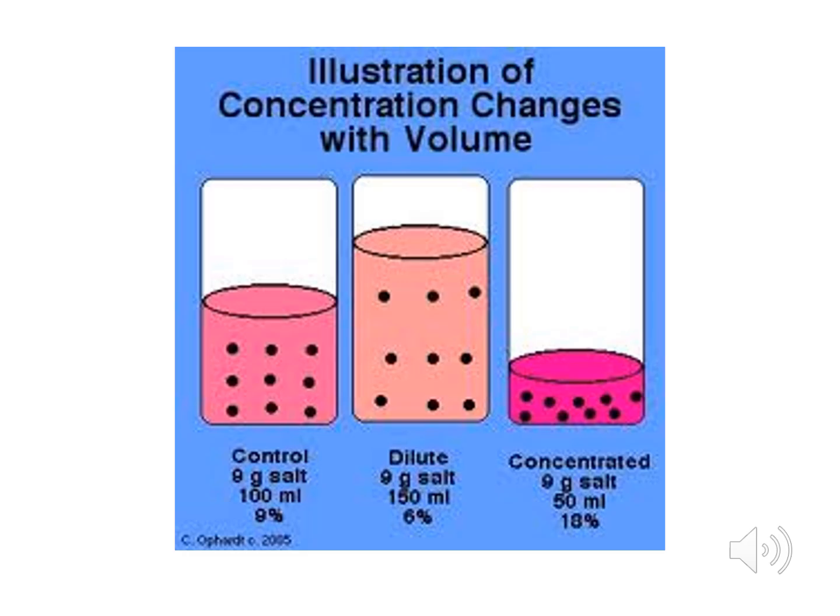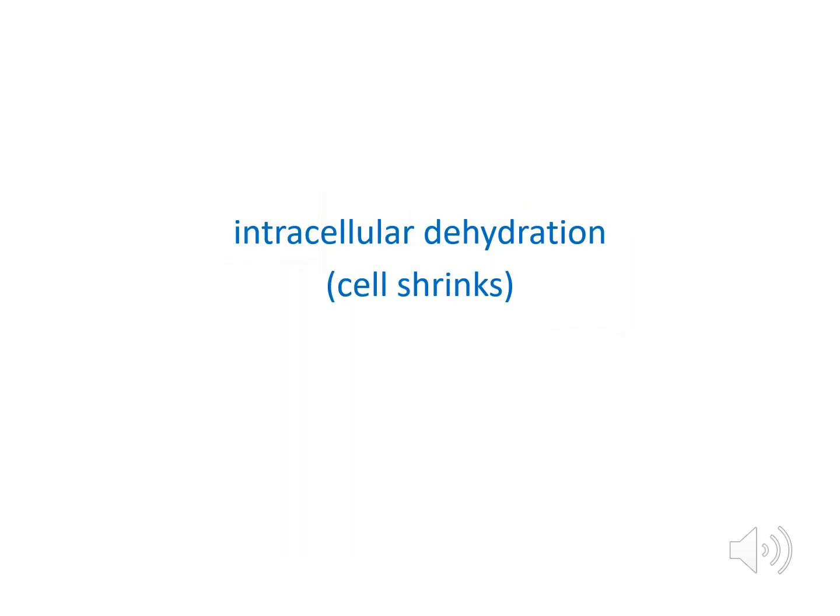Now, if you're hypernatremic, your extracellular fluid is more concentrated than normal, so you are hypertonic, right? And if you're hypertonic, which way is fluid going to move? Into cells or out of cells? Water is going to move out of cells, so the cells are going to shrink.